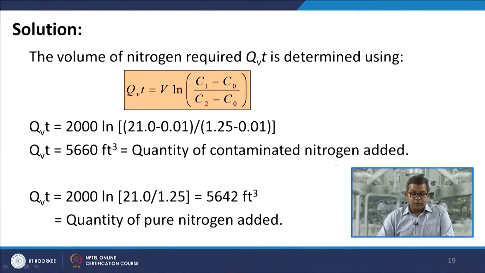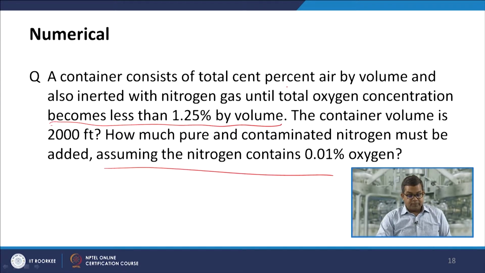While considering the solution, the volume of nitrogen required, Qvt, is determined by using this particular formula, which we have already discussed in the previous modules. So Qvt is equal to V ln((C1 minus C0) divided by (C2 minus C0)). Here if we substitute all the values, the container volume is 2000 cubic feet.